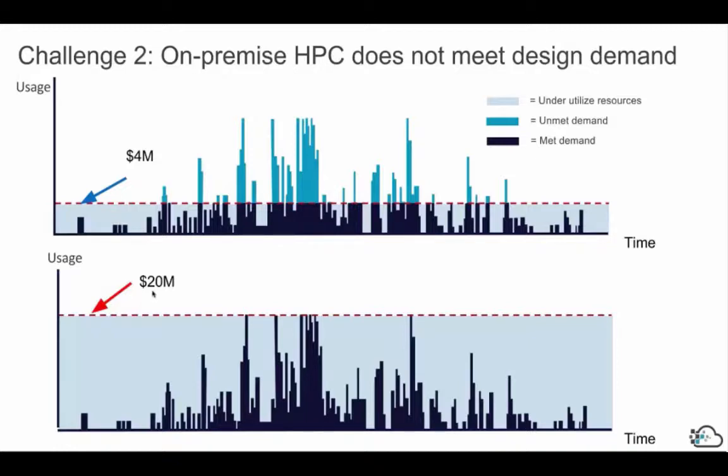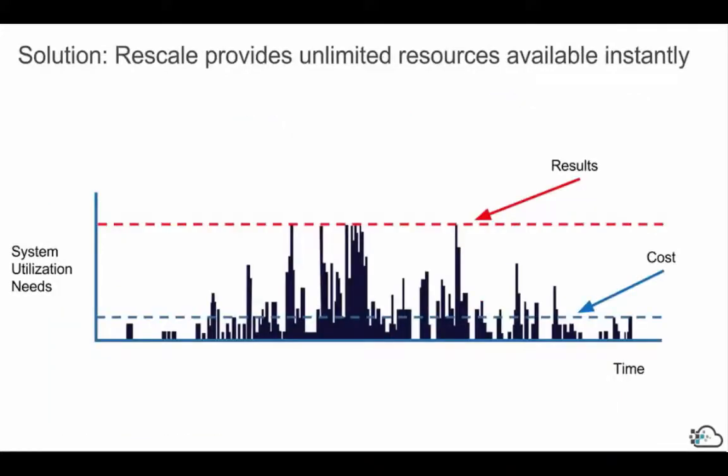However, when you move to the cloud, there's no need to size your system because you access the HPC resources completely on demand. In this case, this automotive part manufacturer decided to instead go with Rescale to run their computation completely on the cloud.